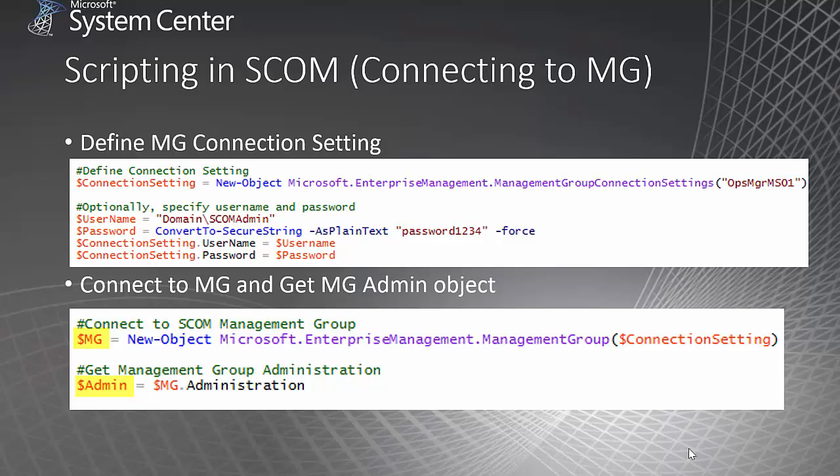And you use the connection setting to establish the connection to your management group. In this example here, I've saved the management group connection to this variable called mg. There's also another object that you can create, the management group administration object. These two objects are the ones that you're going to leverage most of the time: the management group itself and then the management group administration.